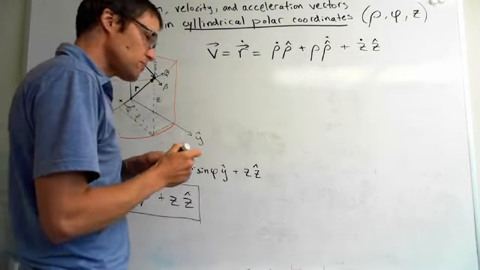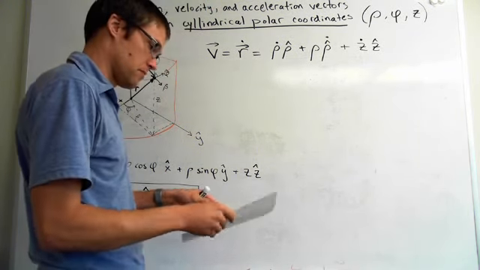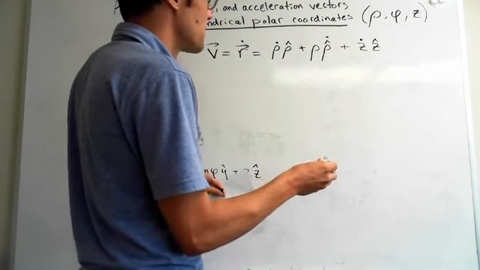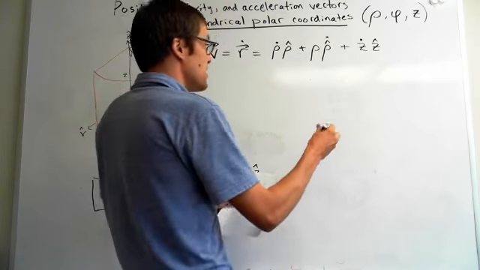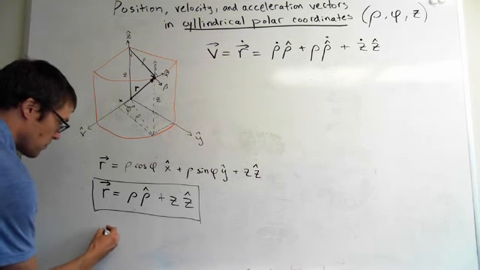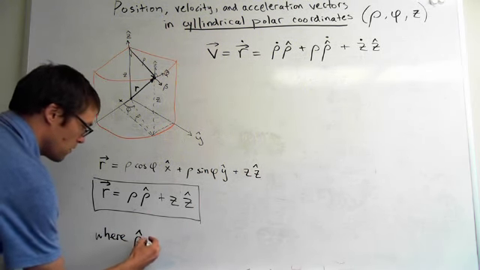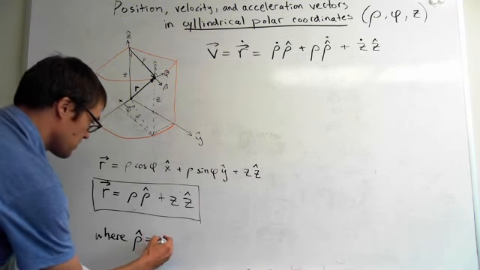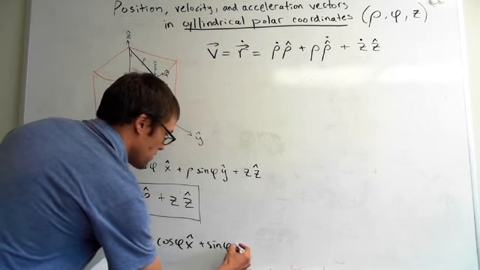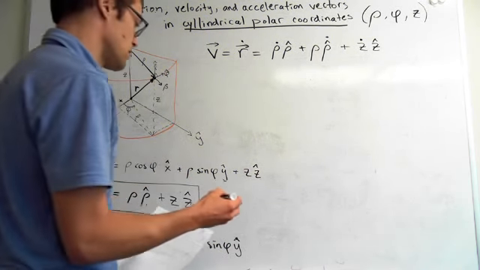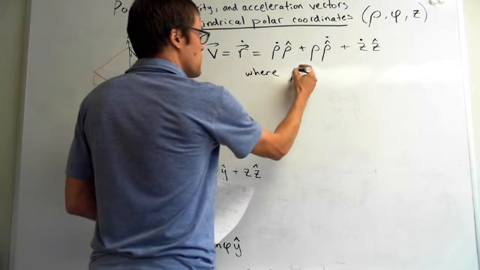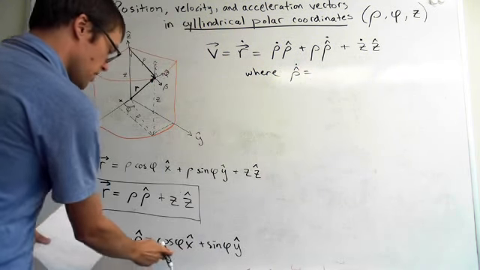All right, so let's go ahead and do that. We found out before that rho hat is, I just erased it actually, so maybe we could write this down here. So rho hat was cosine phi x hat plus sine phi y hat. Therefore, rho hat dot is equal to one time derivative of that.